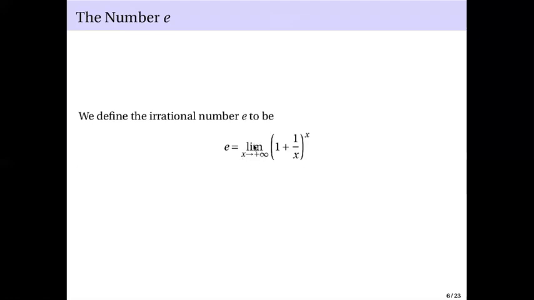So this expression here, you will see this in calculus 1, but I am introducing it to you. This is read as the limit of (1 + 1/x)^x as x goes to plus infinity.